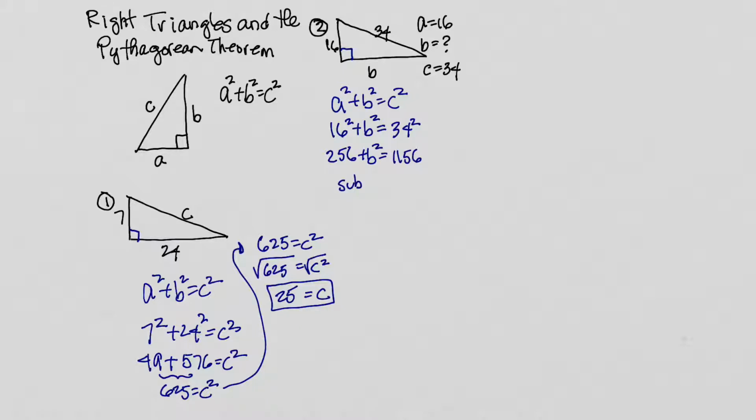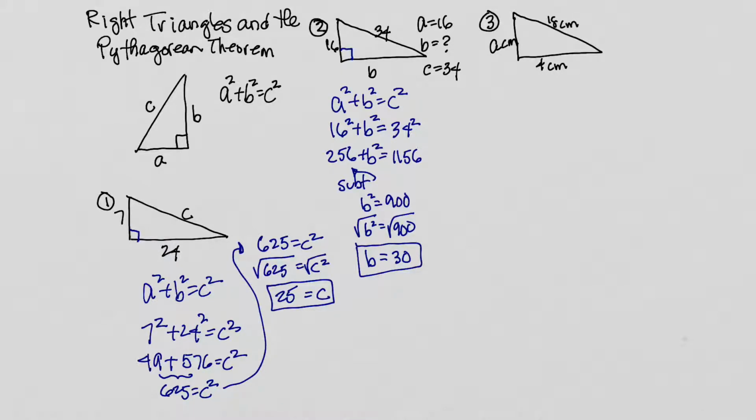And then we're going to subtract this 256. And so that'll give us that b squared is equal to 1156 minus 256, which is 900. And if we take square roots, the square root of b squared is b because b is positive, and the square root of 900 is 30. So there we go.